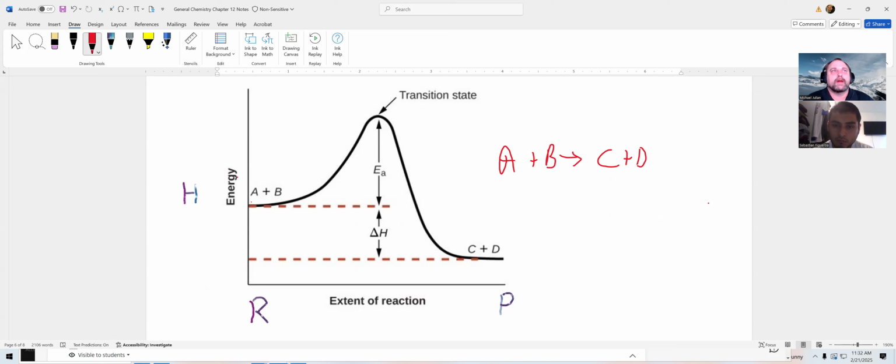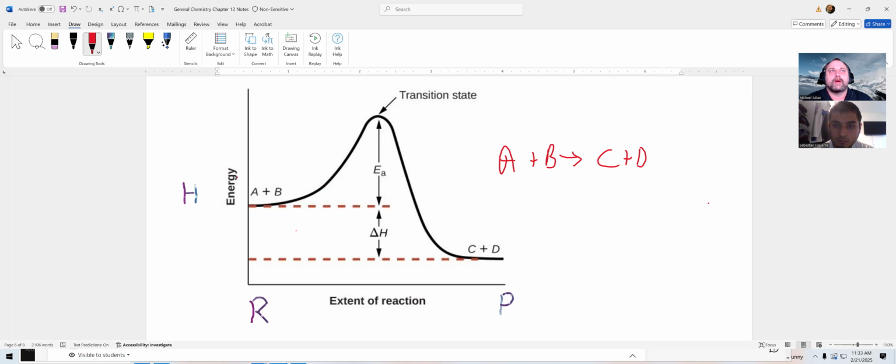First off, this is the enthalpy, the amount of energy trapped in the bond. This is saying that as the reaction goes, we need extra energy to get it to start, and then we end up at lower energy than we started.